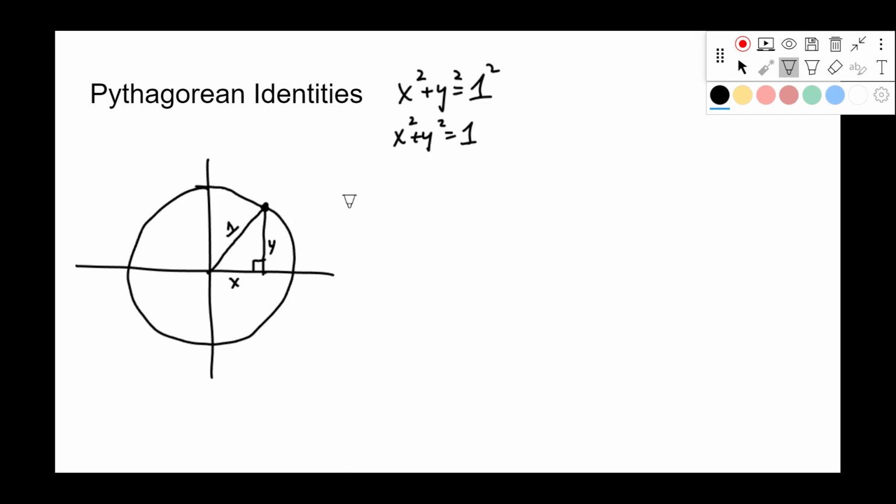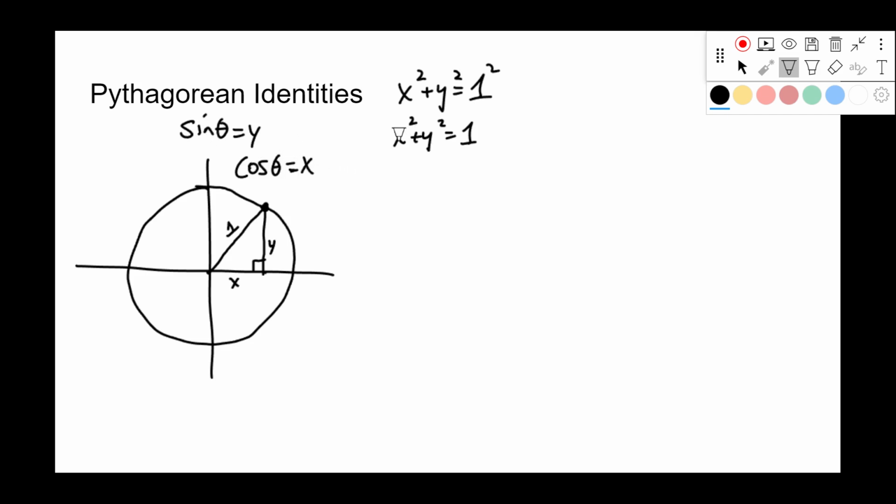Okay, that's all well and good. X squared plus y squared equals 1. But I also know something about the unit circle. I know that the sine of the angle is the y-coordinate, and the cosine of the angle is the x-coordinate on that unit circle.